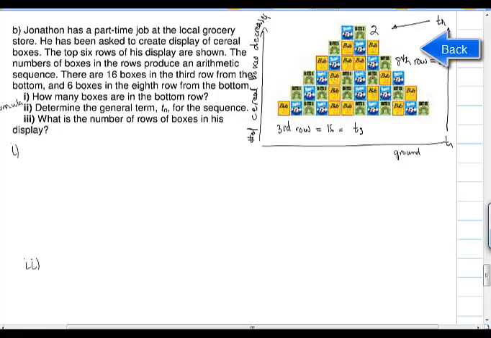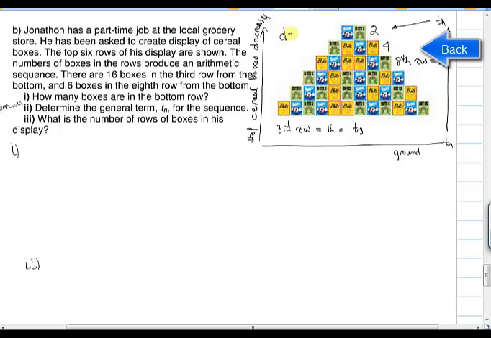Okay? And the other thing that we can gather from our diagram is that because the number of boxes is decreasing as we go from T1 to Tn, D must be a negative number, right? Because we are losing boxes with each row. And so one way to calculate it is, I know that my top row is 2 and my next row is 4.